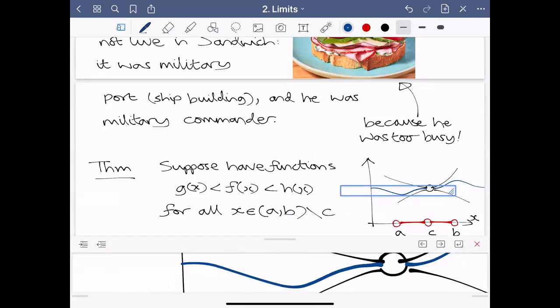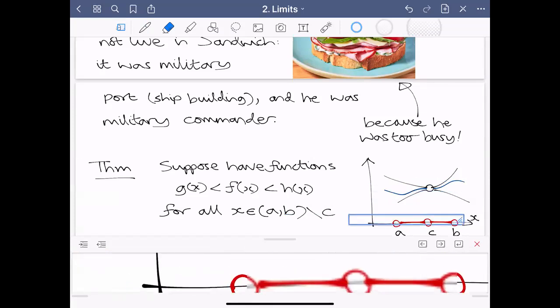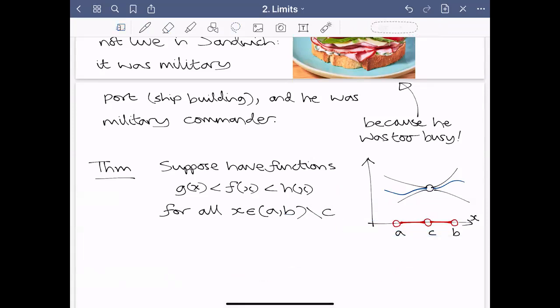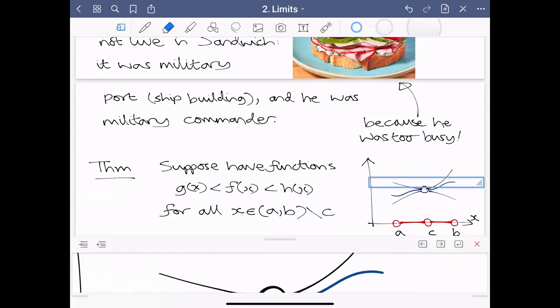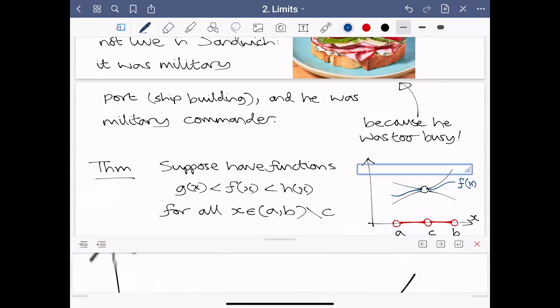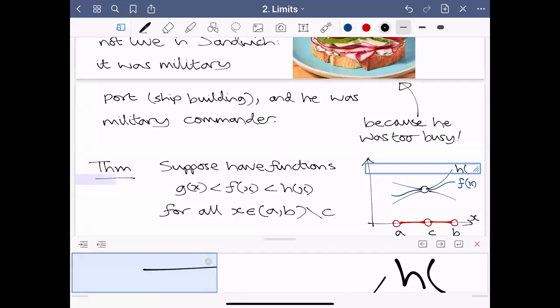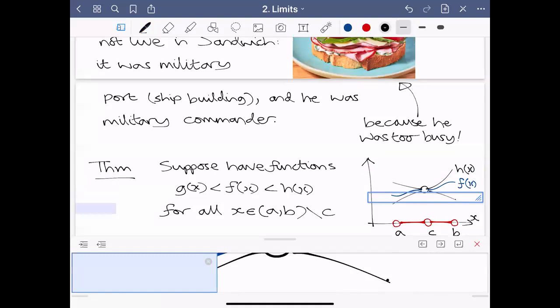Something like this. Make everything match up on the graph. So this is f(x), and this is h(x), and this is g(x).